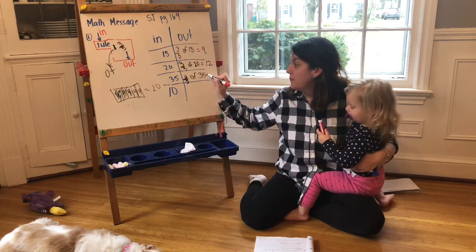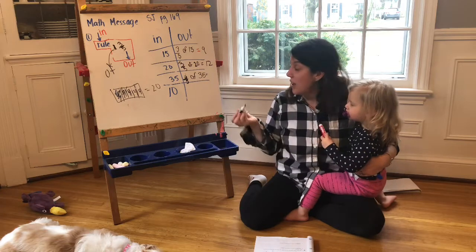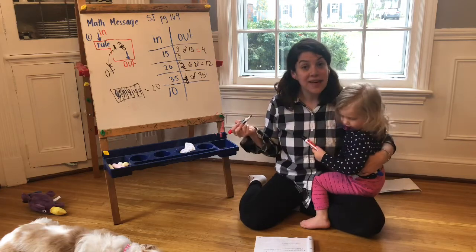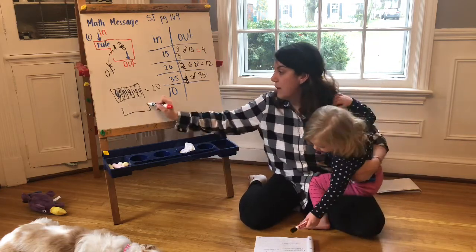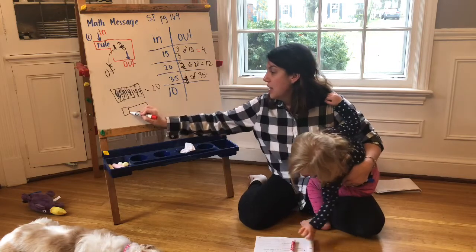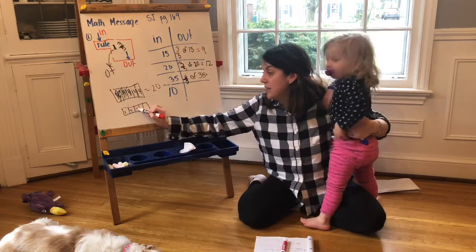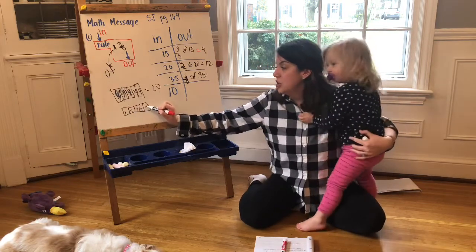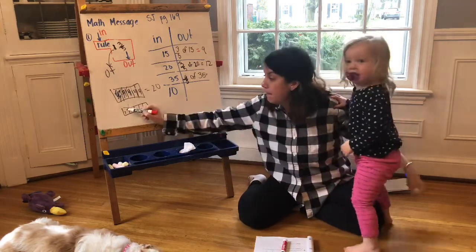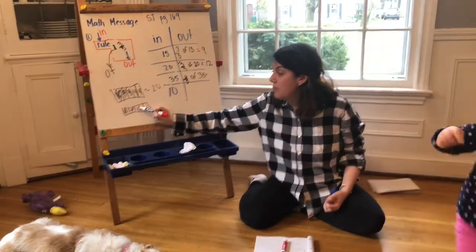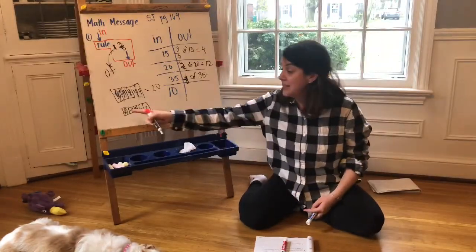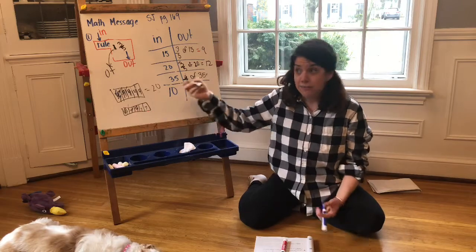Well, 1/5 of 35 we said was 7, right? So if I draw my bar graph and I break it into fifths, we said each of these were equivalent to 7. So 3/5 would be 7, 14, 21.